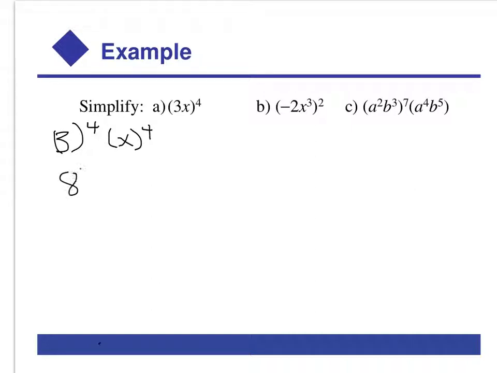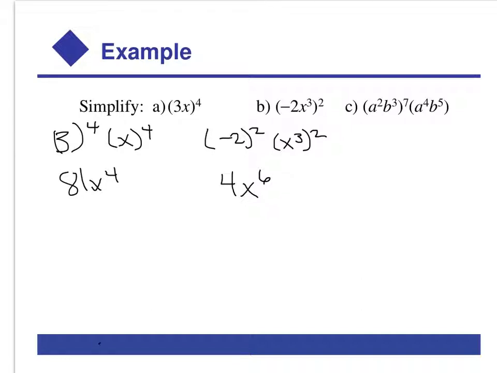So that gives us 81 x to the 4th. Let's look at B. You have negative 2 squared times x to the 3rd squared. So it gives us 4, and then 3 times 2 is 6, so we get 4x raised to the 6th.